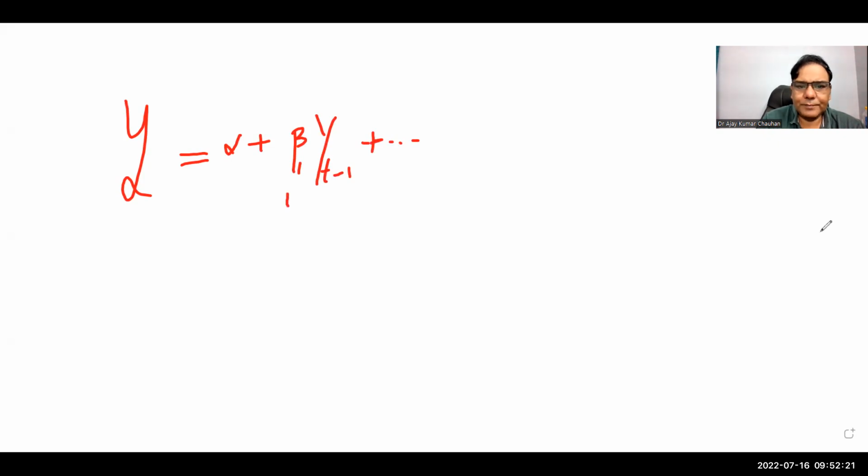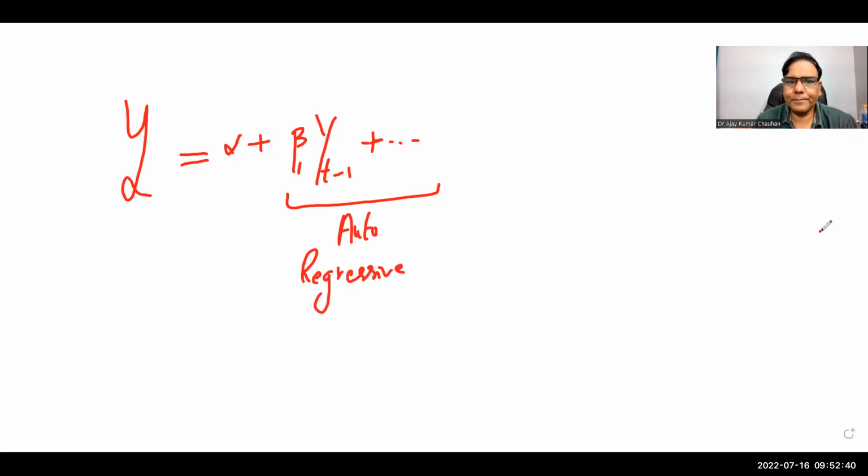So this portion, because after t minus 1, we will have t minus 2, t minus 3, t minus 4. This portion is known as autoregressive part.